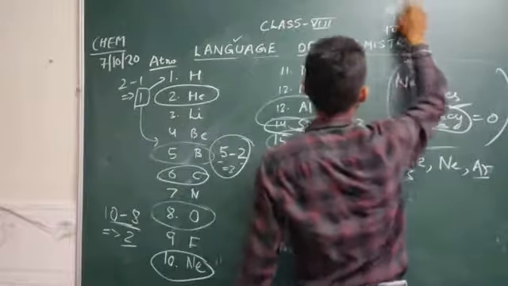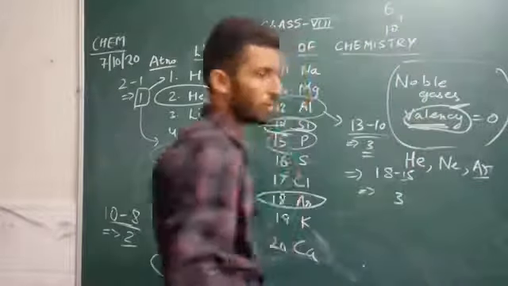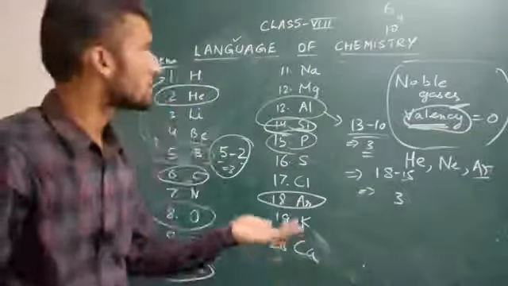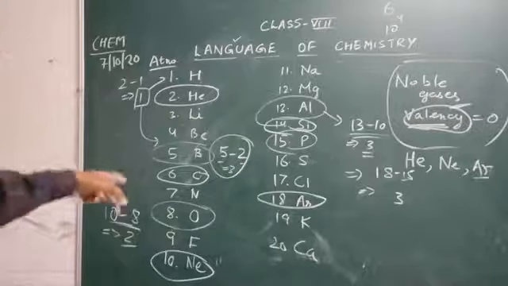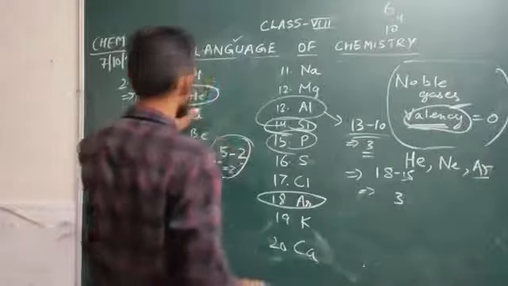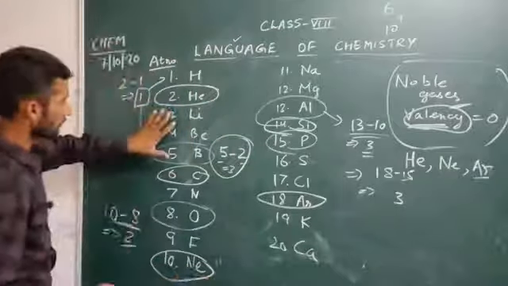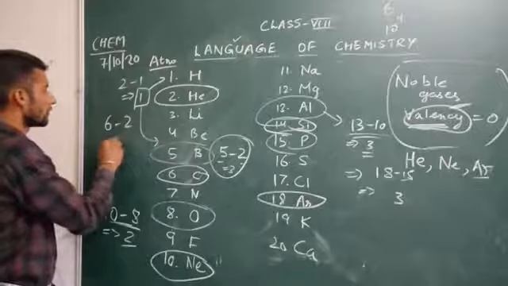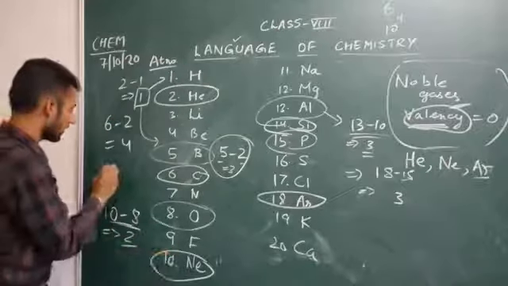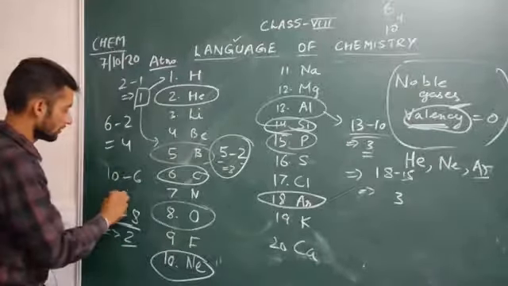Here a difference of 4, here also a difference of 4. So carbon will have a valency of 4. Either you calculate it with respect to neon, or with respect to helium. The difference is 4 from here, 6 minus 2 gives you the valency equal to 4. Or from here, 10 minus 6 is also equal to 4.